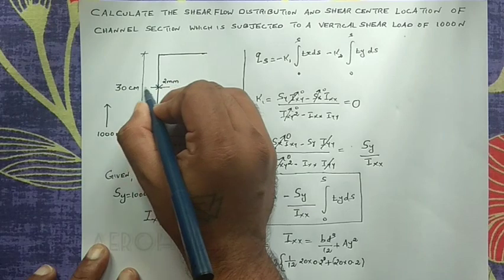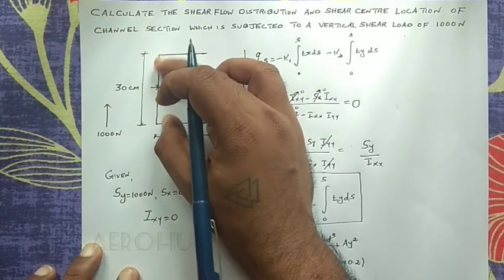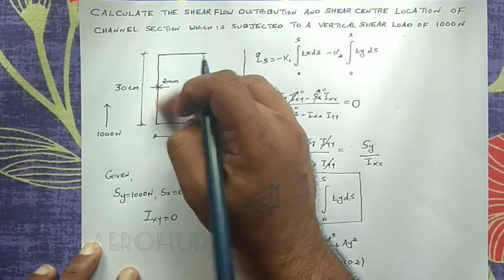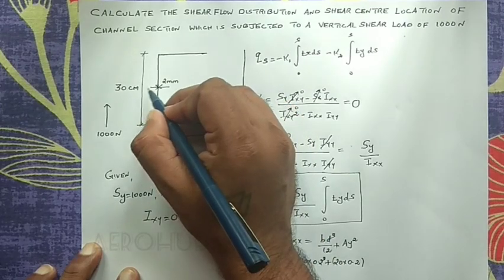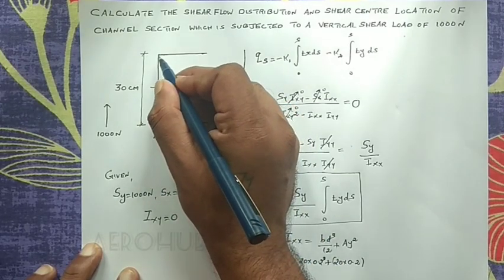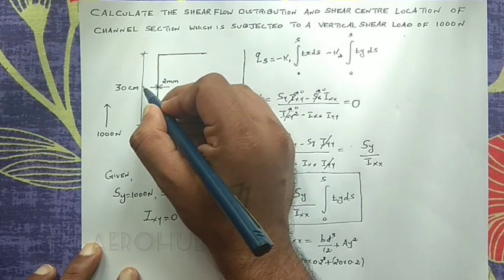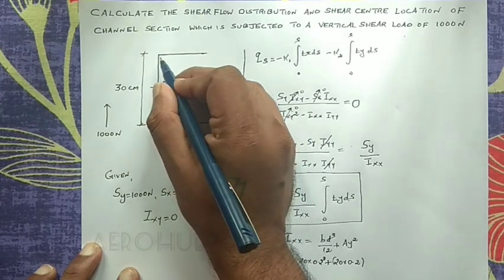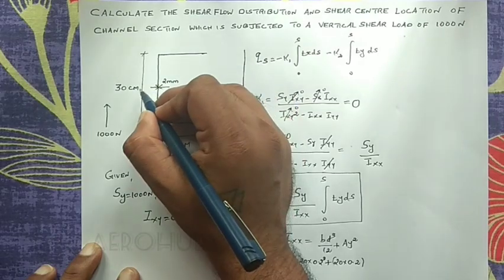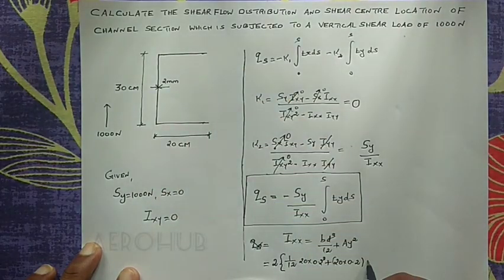You can see that the total height of the web is 30 centimeter. So the value of y, you have to understand that always we will keep the web in the y axis. So the value of y for the horizontal section will be always half of the web. So it will be 30 divided by 2, 15 square.